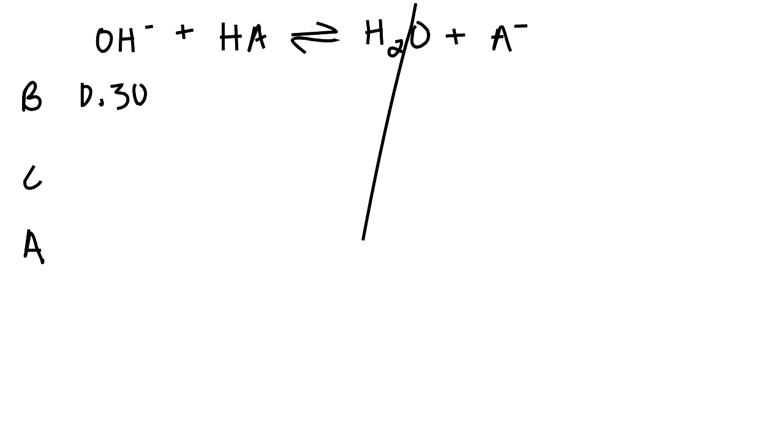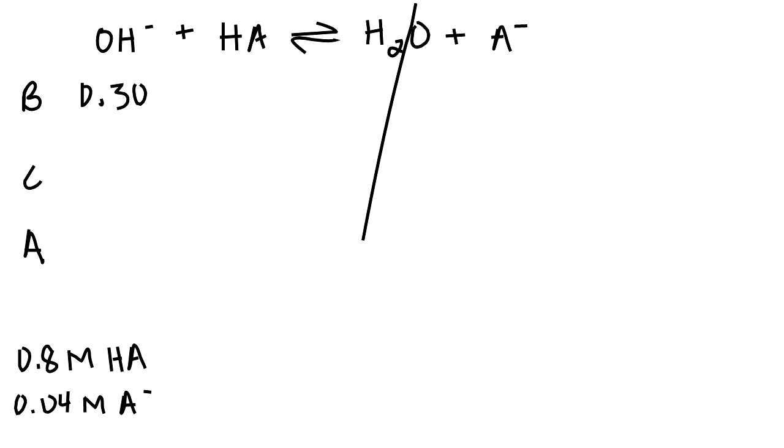And then we were told that we had a buffer containing a 0.8 molar acetic acid solution. Well, remember, in a BCA table, we need to use moles. So we were told it was a 0.8 molar HA and a 0.04 molar A minus.